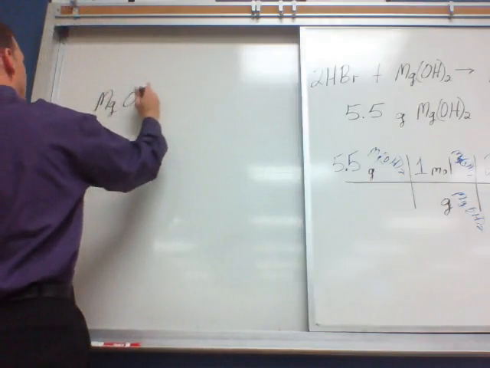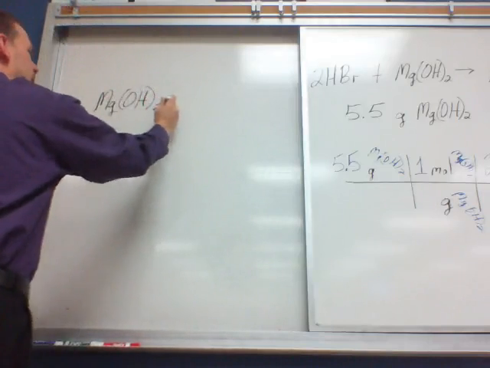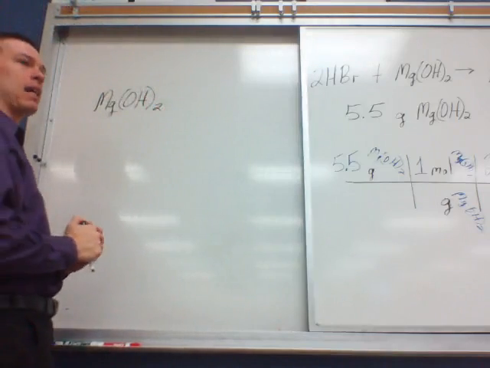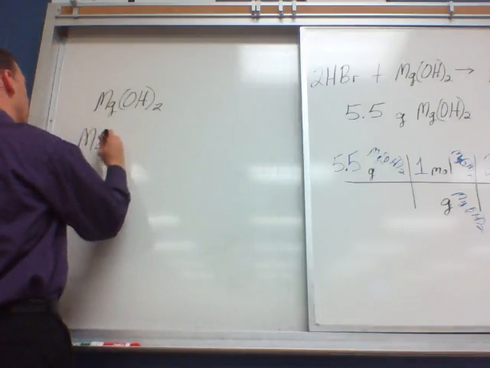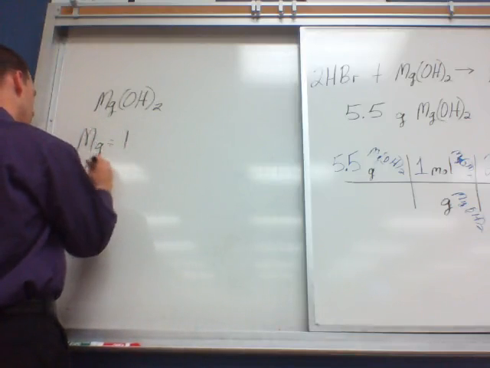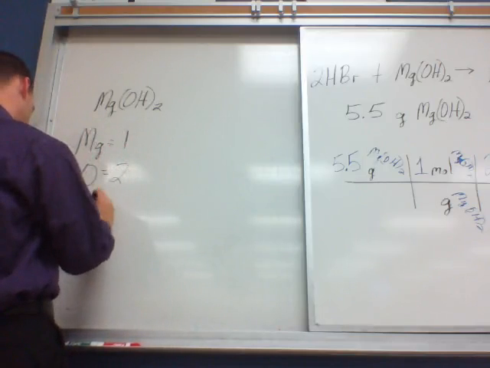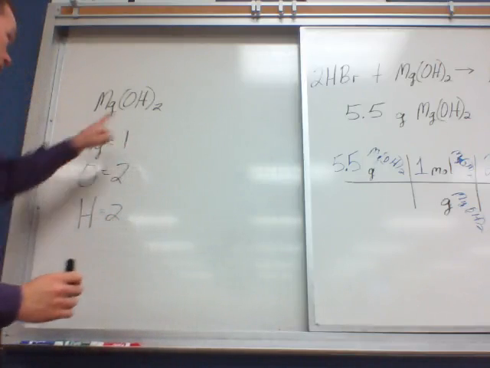We are finding the molar mass of magnesium hydroxide. Magnesium hydroxide is made up of 1 magnesium, 2 oxygens, and 2 H's, right?